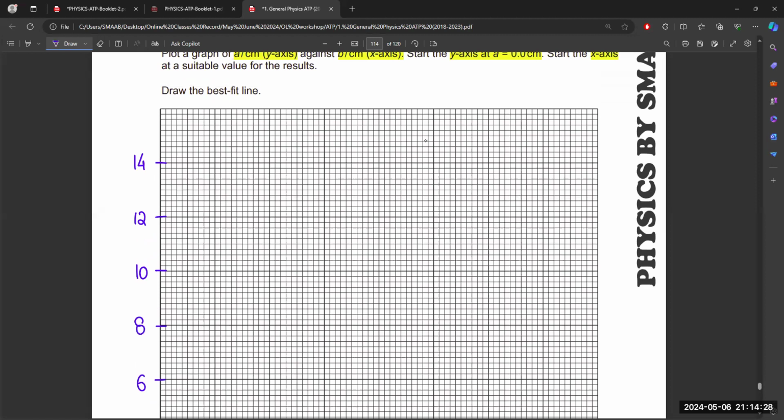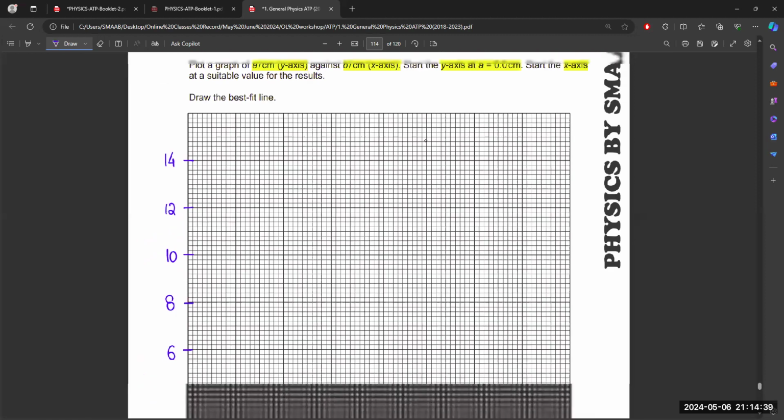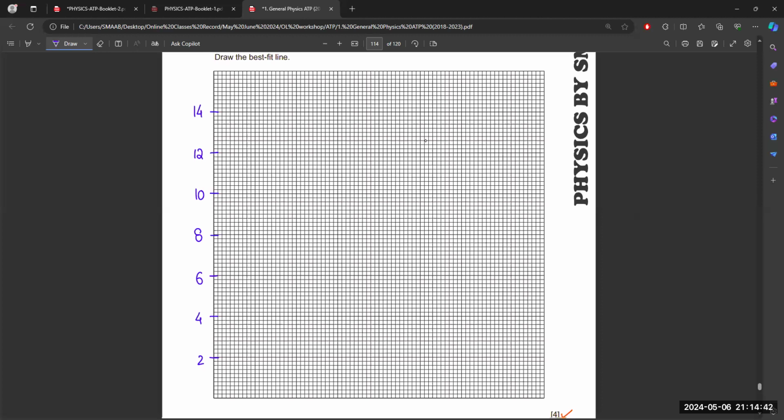Otherwise, the second best option is to mark like 4, 8, 12. But again, that will give you 50% of the graph. If we start from 4, let's suppose 4, 8, 12, 16, you can see we are using less than half of the graph, right?